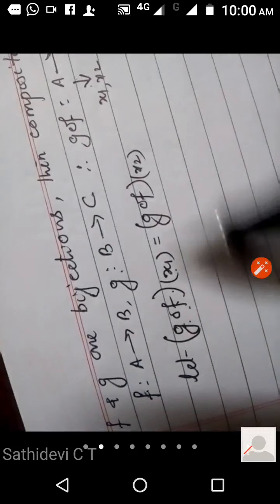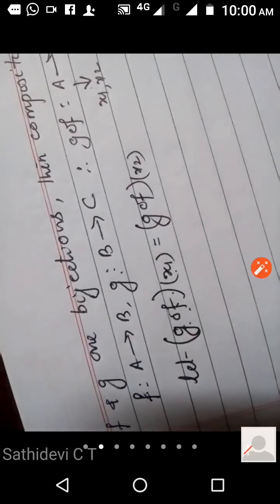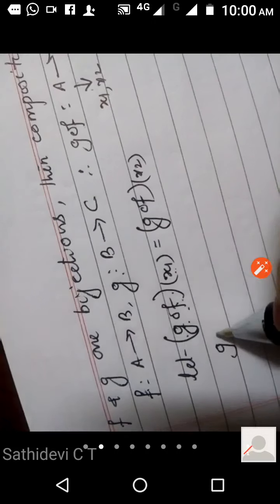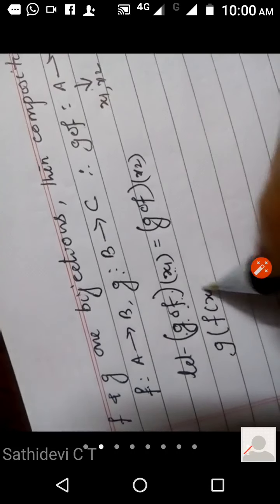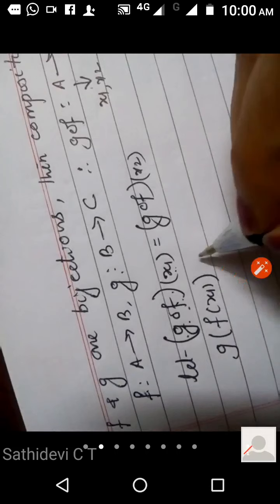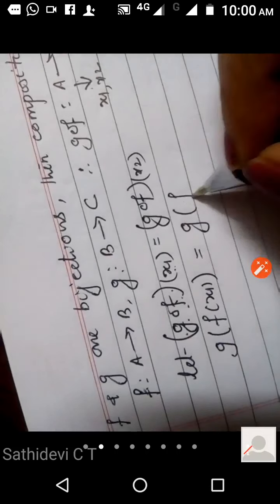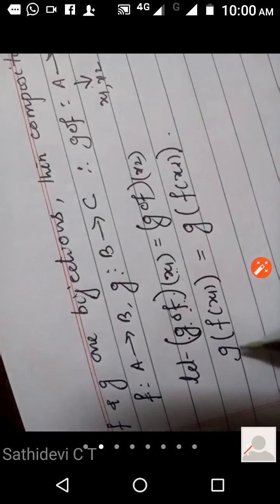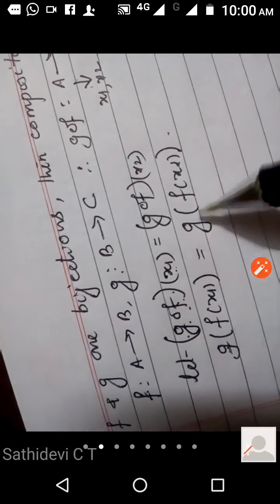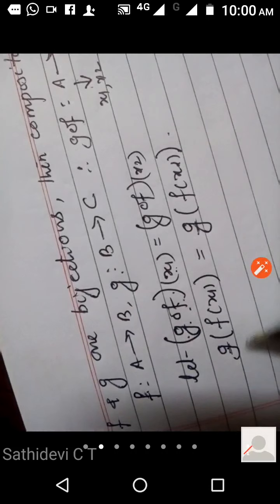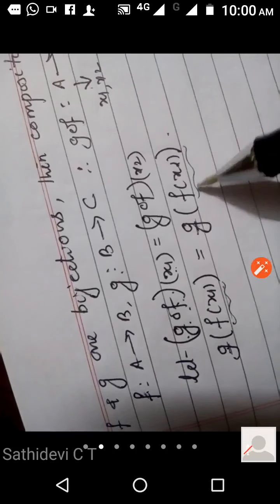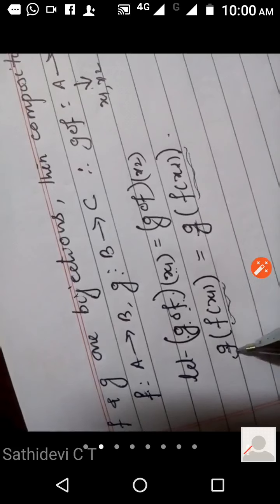Apply the definition. G composite f on x1 is g of f of x1, and that is equal to g of f of x2. We know that g is 1, 1. Therefore, g of x1 equal to g of x2 implies x1 equal to x2 because g is 1, 1. So, apply the property of g.